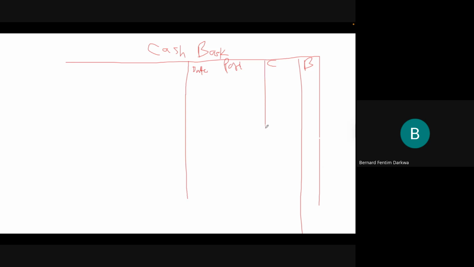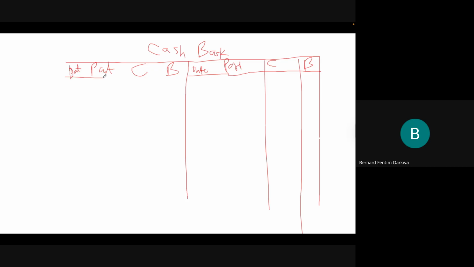Then you have particulars and date. This is the credit side. We have bank column here, cash column here, our particulars here. I am just leaving the ledger folio out. Then we have our date here.